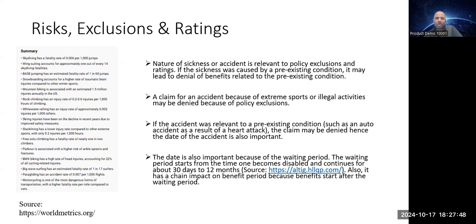And all this time, you either have another type of coverage, let's say your group policy, to pay for your expenses, or you're paying from your pocket. All the hospital expenses are basically paid from your pocket in most cases. Now, this also has a chain impact on the benefit period, because your benefit period doesn't start until your waiting period stops.